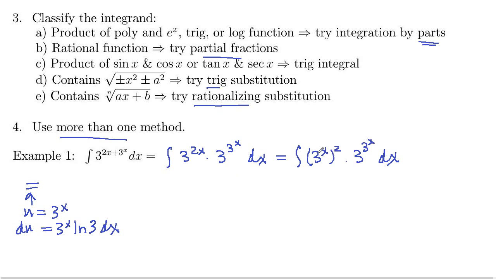One of those 3 to the x's is going to go with my dx to make my du. So I'm going to write this as 3 to the x times 3 to the power 3 to the x, and then times the other 3 to the x dx. So here's my du almost.